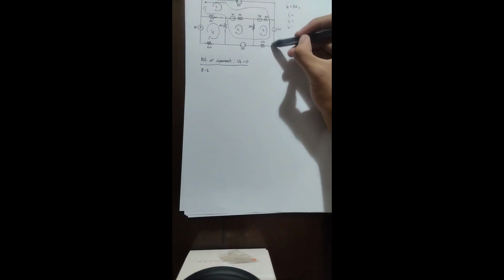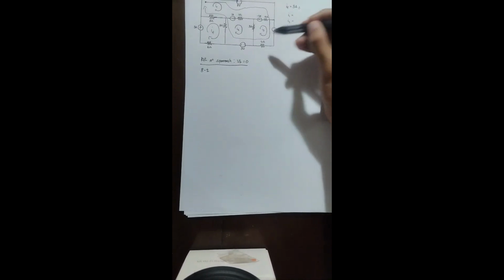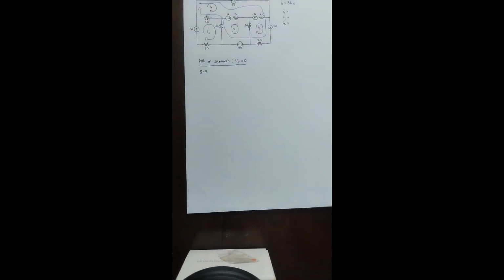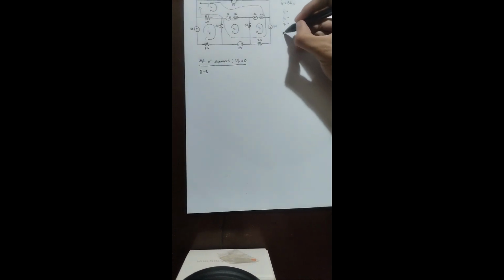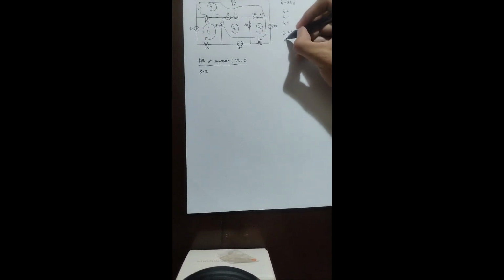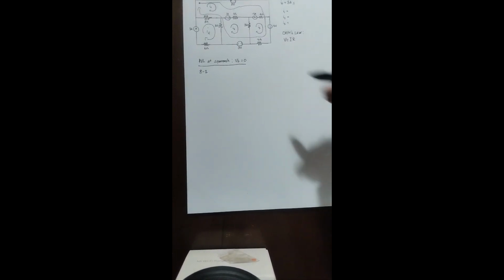Then as we continue here, we have a 2 ohm resistor. Now to find the voltage of the 2 ohm resistor, we will be using Ohm's law. Now Ohm's law states that the voltage is equal to the current times the resistance.